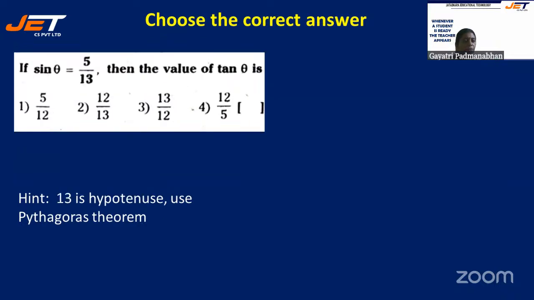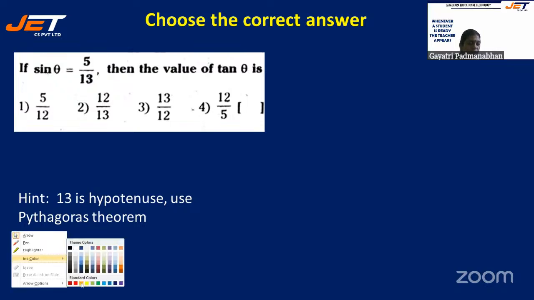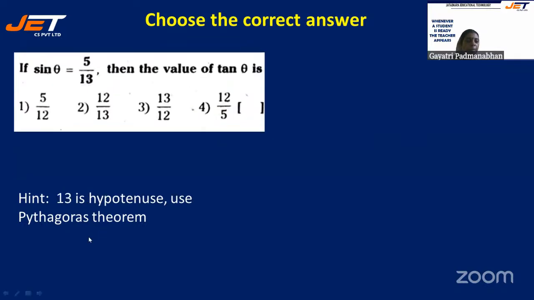All right, now if sine theta is 5 by 13, then what is tan theta? The same repeated question. So let's try to solve this. We can quickly solve it like this. They say that 13 is the hypotenuse. Now let's take this as theta. Anything which is opposite to theta is the opposite side, which is 5. Now we need to find the adjacent side.